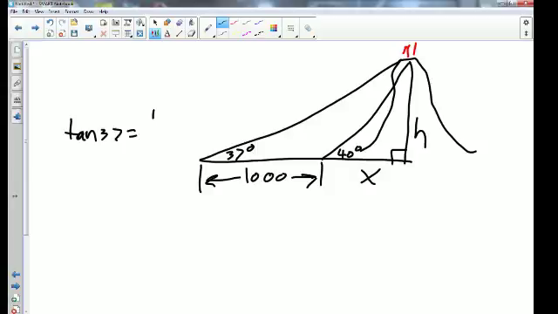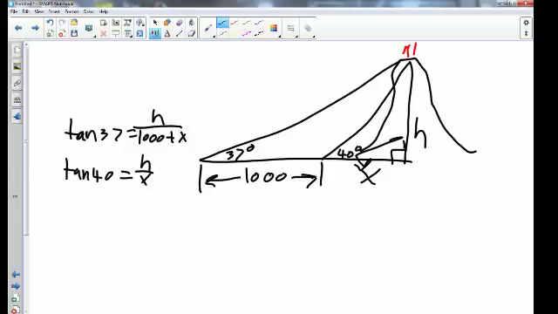That gives you the base. We also know that tangent of 40 is equal to h over x, same opposite over adjacent.